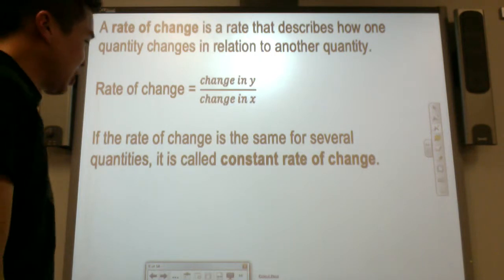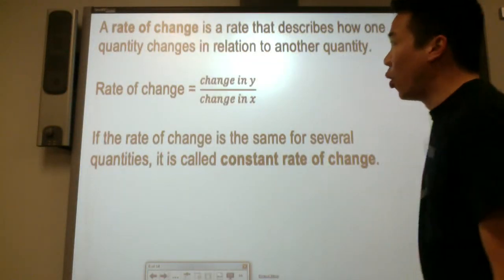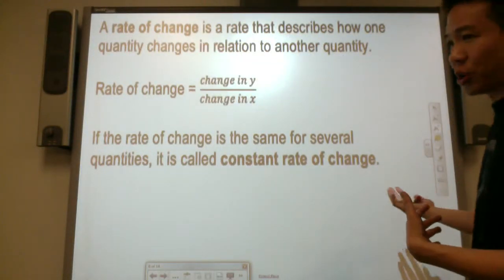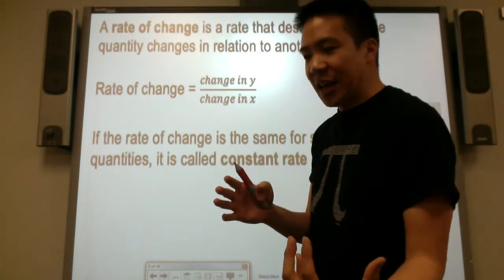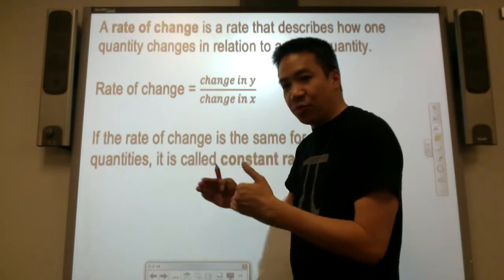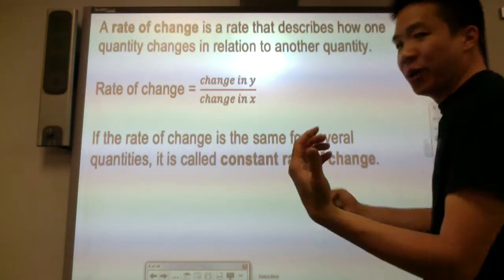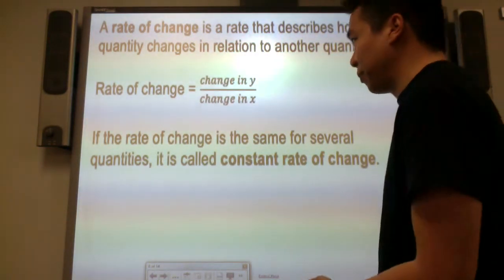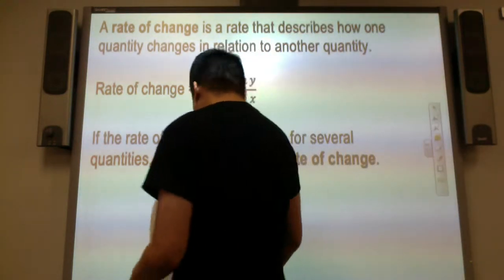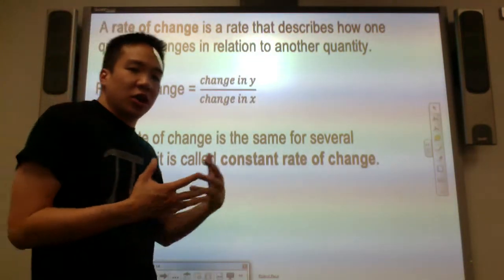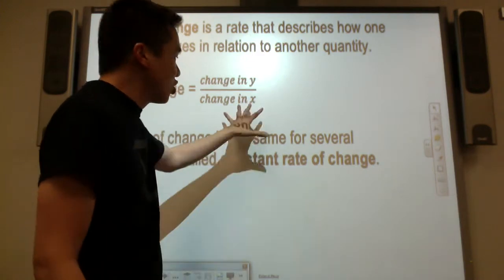So what is a rate of change again? A rate of change describes how one quantity changes in relation to another quantity. In the example, we looked at how hours change, and we see how the dollar amount keeps changing, and how they relate to each other. Most of the time you can look at it and figure it out without using a formula.